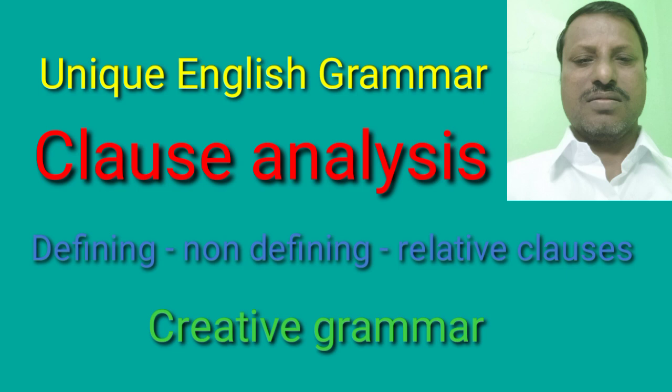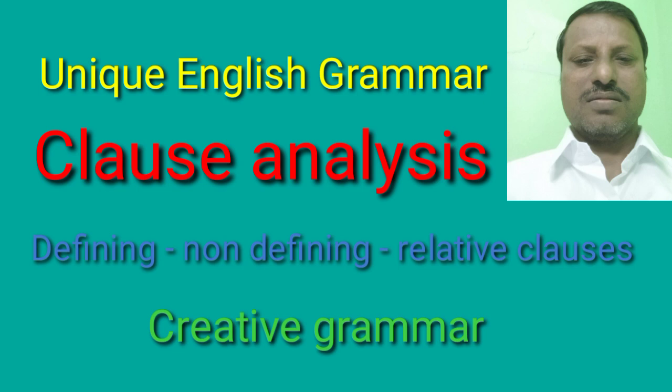Some of the subordinate conjunctions are who, when, while, as, since, after, before, as soon as, because, no sooner than, or some of the subordinate conjunctions. These subordinate conjunctions are used with subordinate clauses.